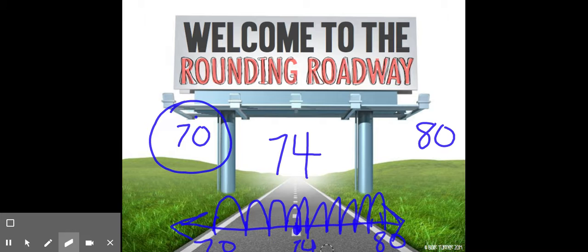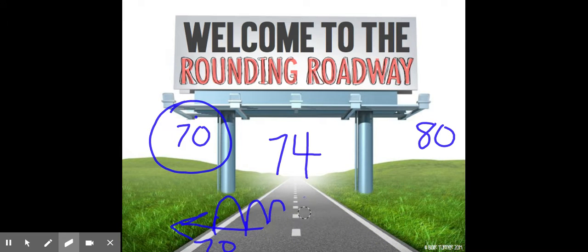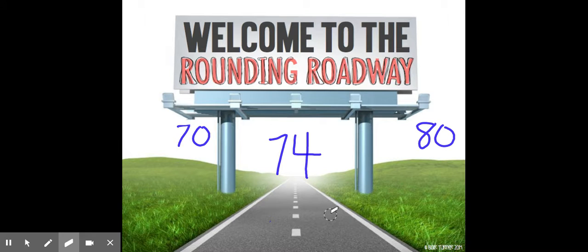And we also learned how to look at the ones place to figure out which 10 the number is closest to. So remember, if the number in the ones place is 0, 1, 2, 3, or 4, it's going to round down to the lesser 10.